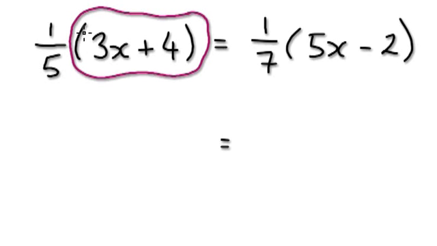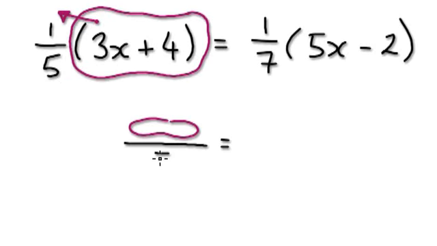Now this bubble is multiplying a fraction, so it gets multiplied to the top. It becomes a bubble over 5. Can you see that? In here it would be 3x plus 4.